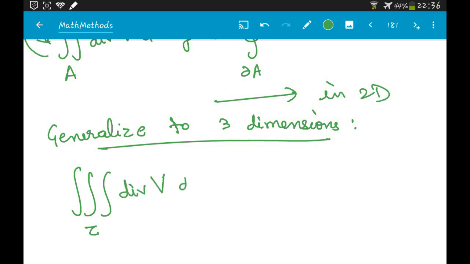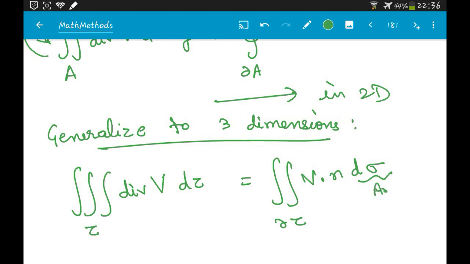The integral of the divergence of v d tau is equal to the integral over dou tau of v dot n d sigma. So now this is an integral over the area element, and this is your volume element. Okay, so this is the generalization to 3 dimensions.